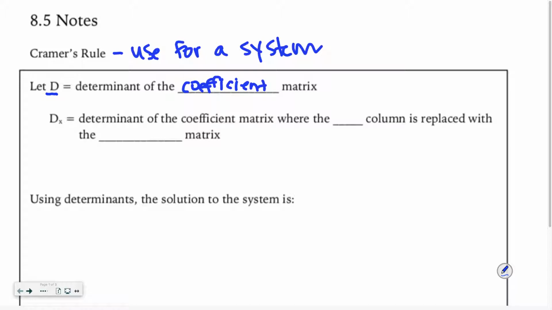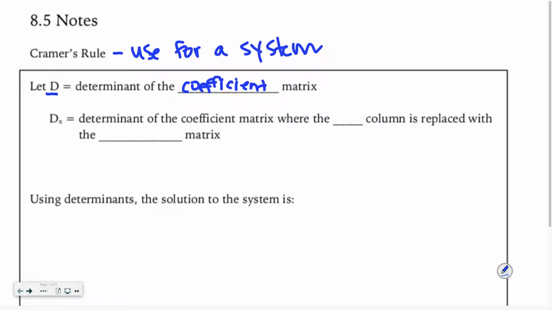We take the coefficients of x, y, maybe z, maybe w if we have a fourth variable, and find the determinant of that coefficient matrix. Then for each variable, we're going to find another determinant.